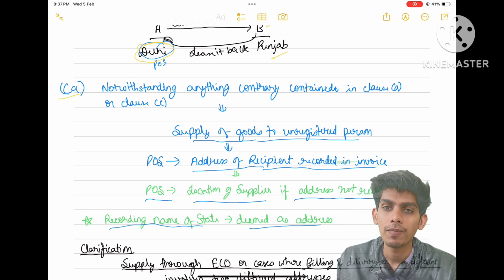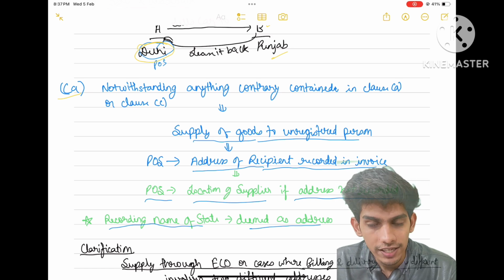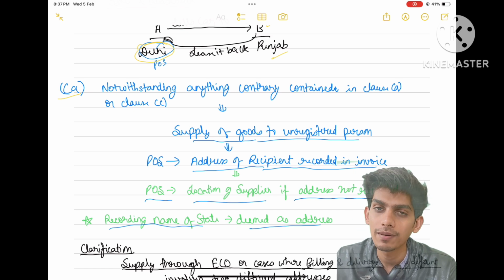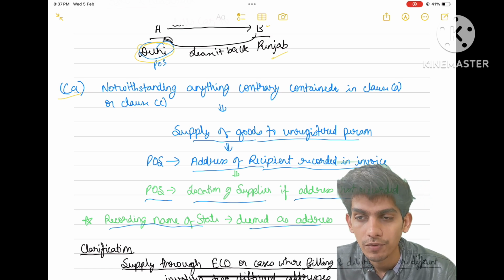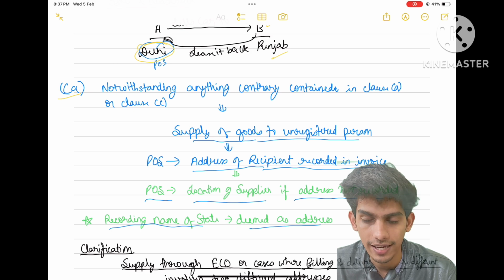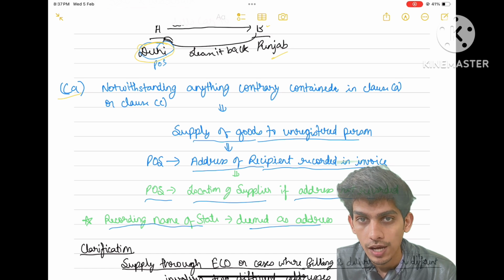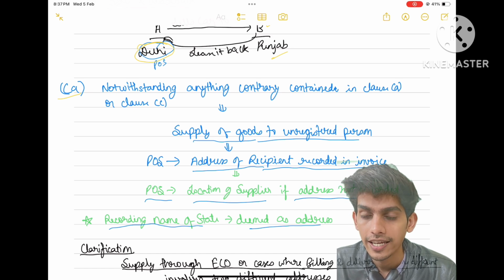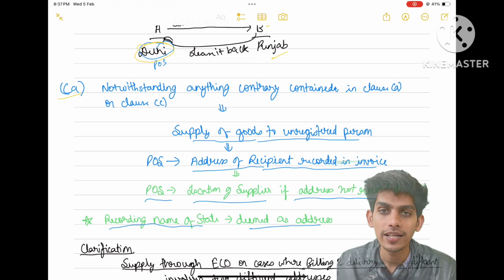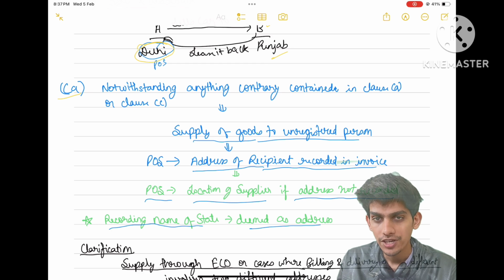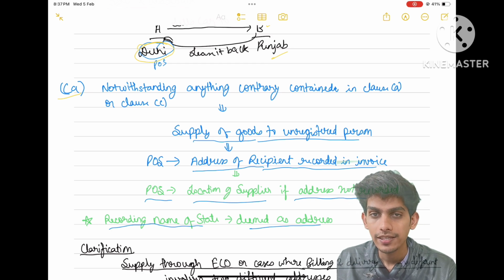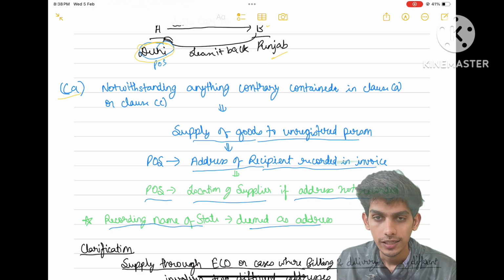If an unregistered buyer from another state goes to buy some goods, say a buyer from Chennai goes to Karnataka, he can tell the seller at the shop in Karnataka that I am from Chennai, please levy IGST so that the Chennai government will get the benefit of the taxes.